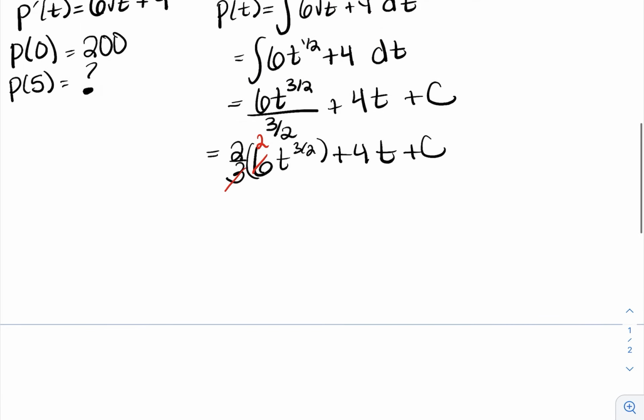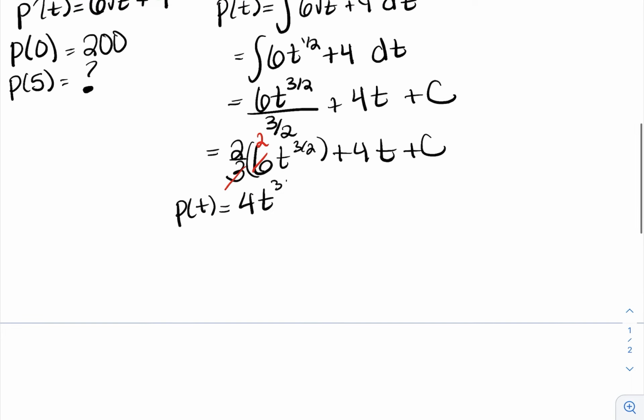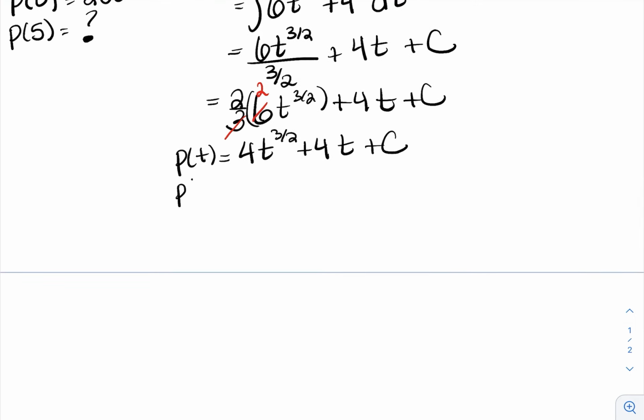So I have that P of t is equal to 4t to the 3/2 plus 4t plus c. And I can rewrite it into a square root one last time. So it's going to give me 4 square root of t cubed plus 4t plus c.